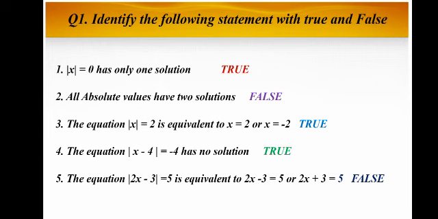The equation absolute 2x minus 3 is equal to 5 is equivalent to 2x minus 3 is equal to 5 or 2x plus 3 is equal to 5. Why is it false? Because when you remove the absolute sign, the equation becomes plus 2x minus 3 equals 5.